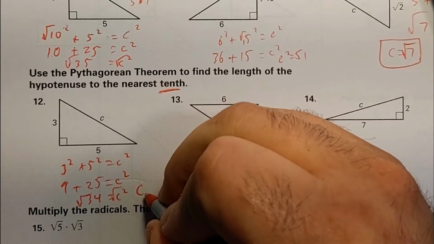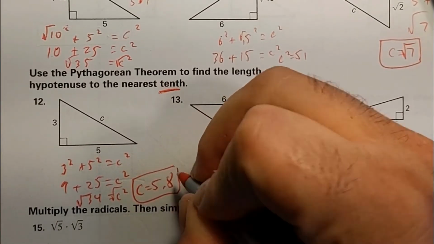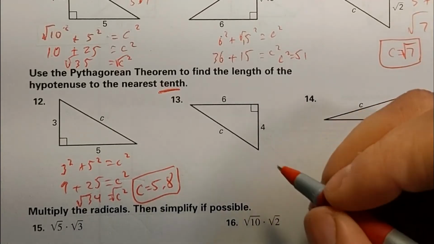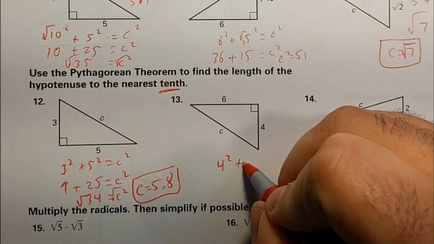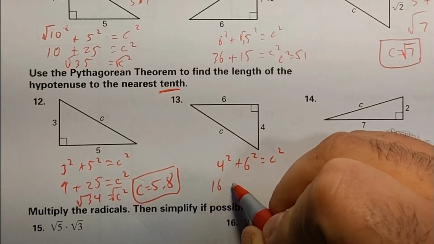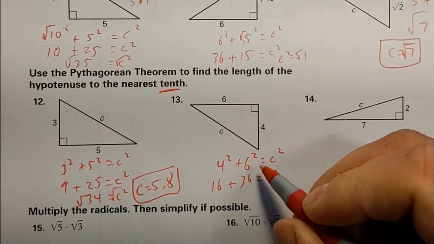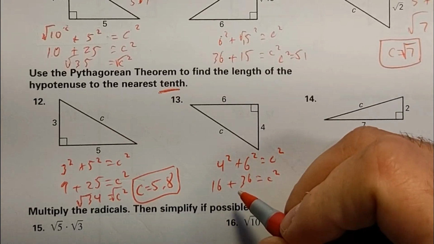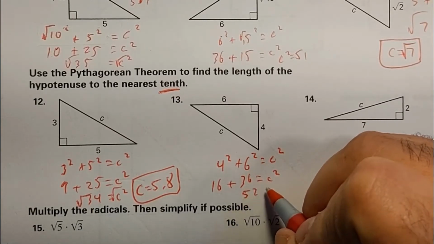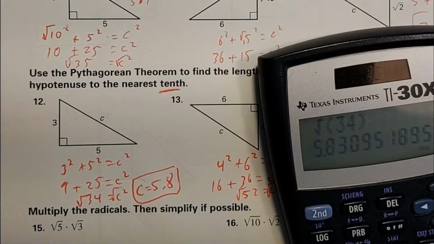So that would be the decimal answer for number 12. Number 13, the 4 and the 6 are your two legs. 4 squared is 16, 6 squared is 36. 36 and 16 is 52. Need to square root that. So the square root of 52 is 7.2.